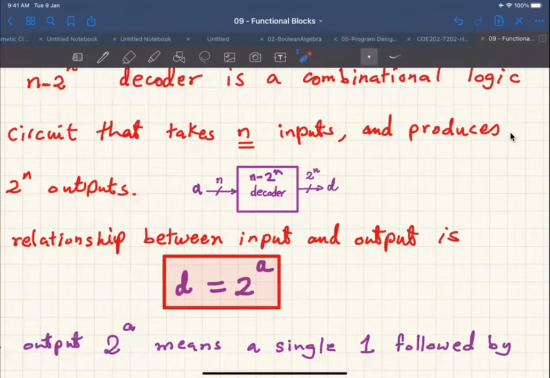The relationship between input and output is that D, the output, is equal to 2 to the A, in which A is the input. From this relationship, we know that the output contains only a single bit that is 1, and the rest of the bits are zeros, because 2 to the A in binary is 1 followed by A zeros.